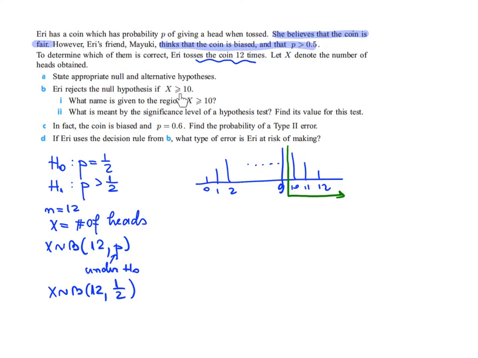I have a decision rule for x bigger than or equal to 10: I reject H0, and here I accept H0. So if x is smaller than or equal to 9, I accept H0, and here I reject H0. This region is called the critical region, and I answer question A.